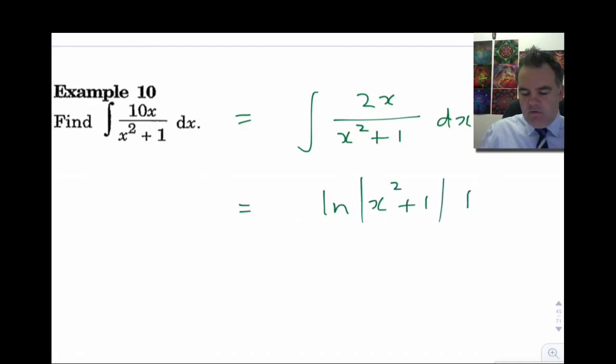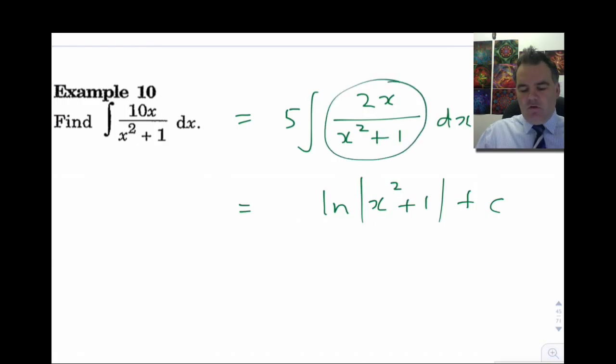I'm going to put in some absolute value signs in there for now. But we had 10x on the top, so I'll need to adjust for that by writing a 5 at the front. Okay, so write the integral that you want, so the rule works, derivative over original, and then adjust it with a number at the front, so you've got the same as your original question. So there's my answer to that one.